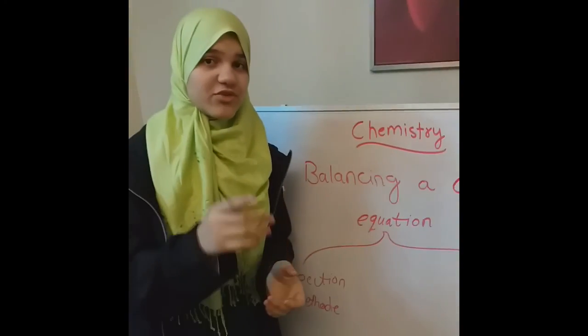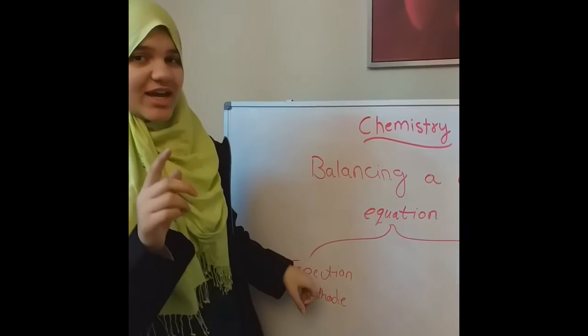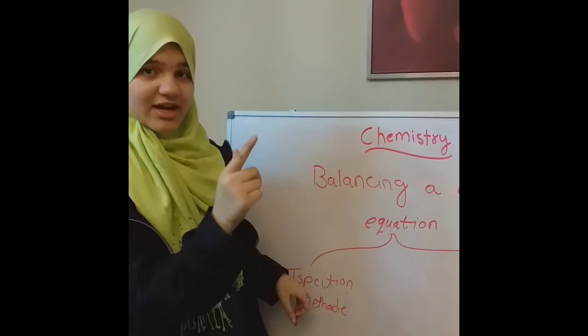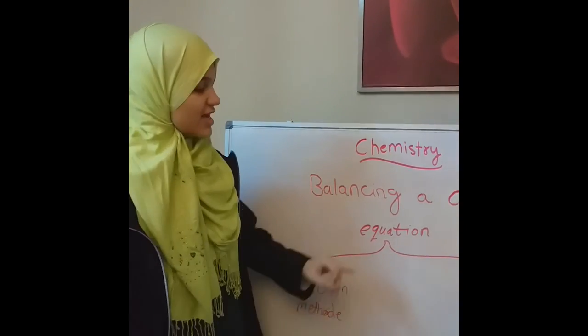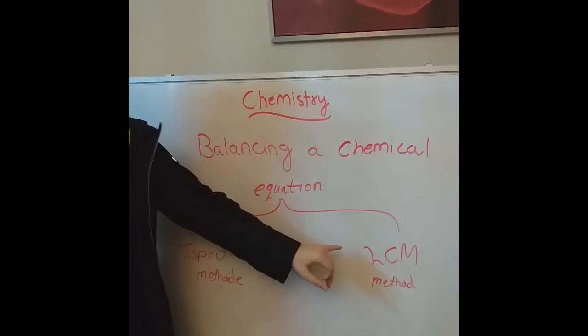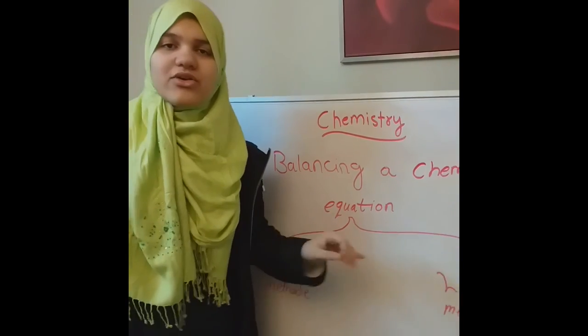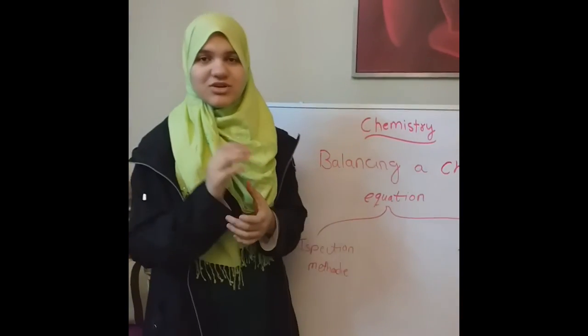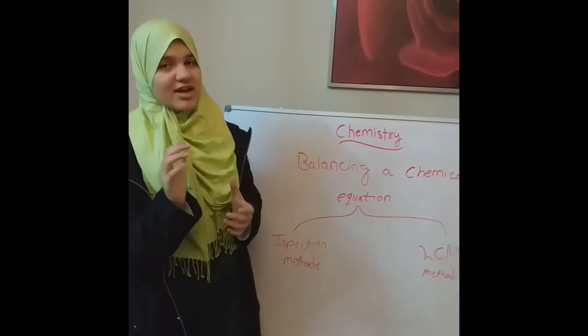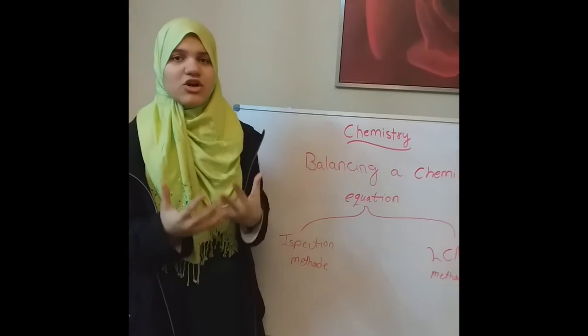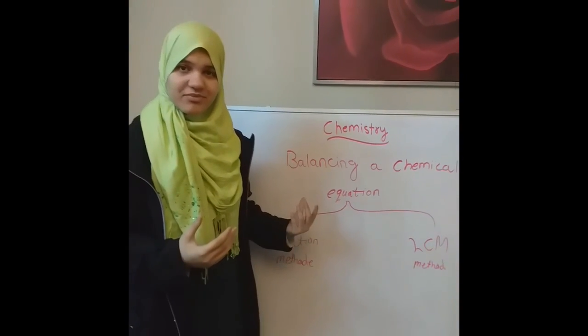That means don't forget that inspection can be solved by your eyes, and LCM can be solved by the valence number. Okay, so I hope that you understand from this, and I hope that you benefit from this topic.